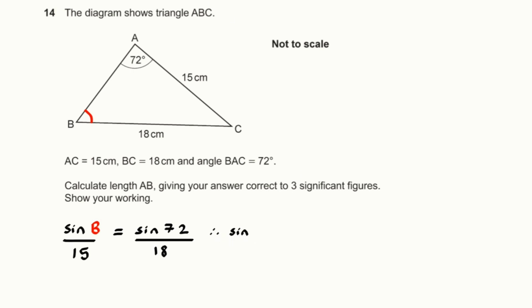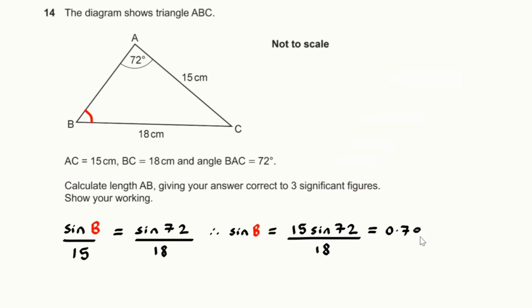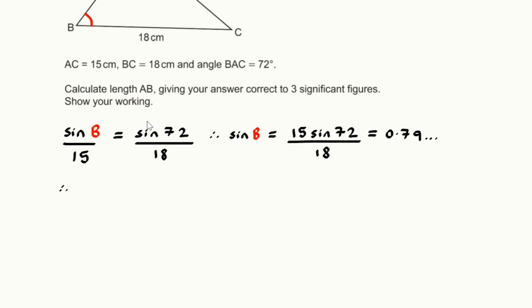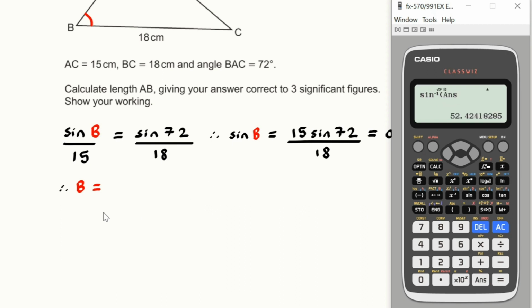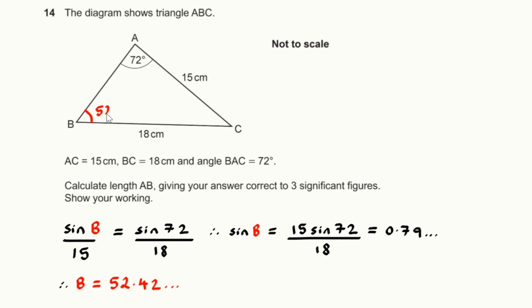So sine of B is equal to 15 sine 72 over 18, and working this out as a decimal, we get 0.79, etc. And therefore, the angle B is equal to the inverse sine of this, which is 52.42, etc. degrees.